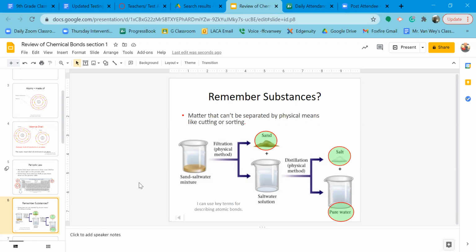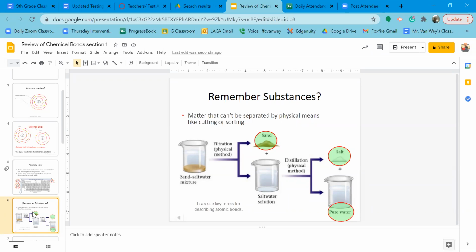You can even separate the sand and the salt water from each other with physical means. But the stuff we're talking about from here on out, these are things where the atoms themselves are magnetically attached. They are attached with chemistry. They are chemically combined. And so the things we're going to talk about now are compounds.